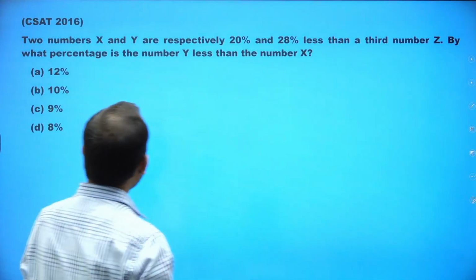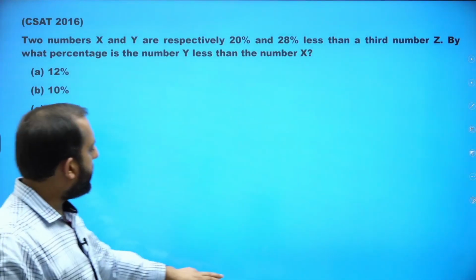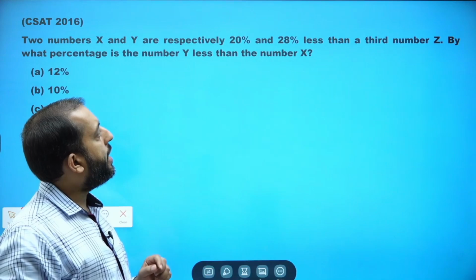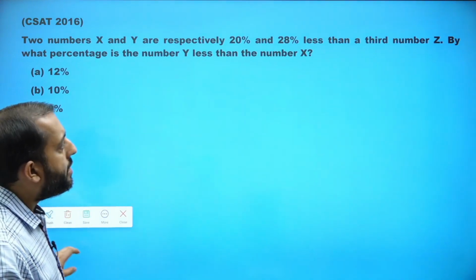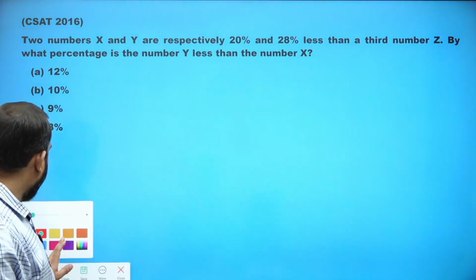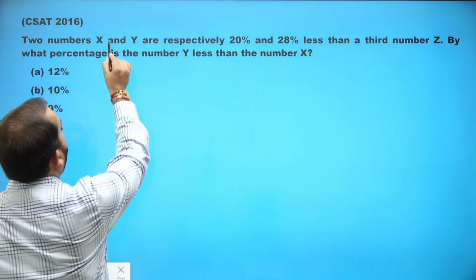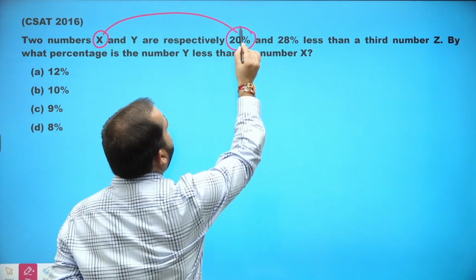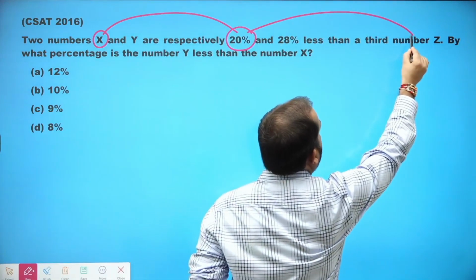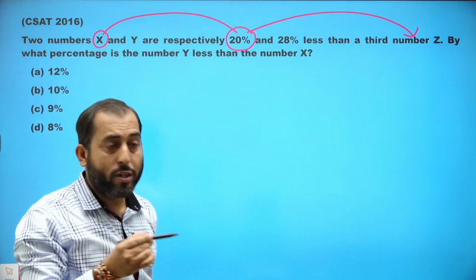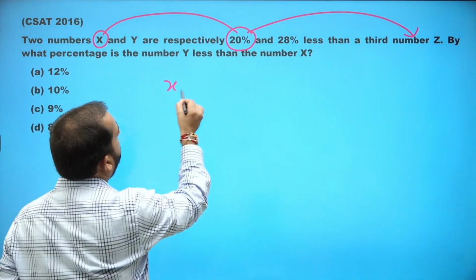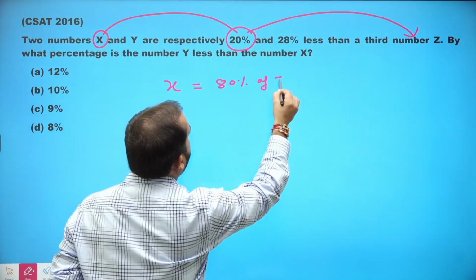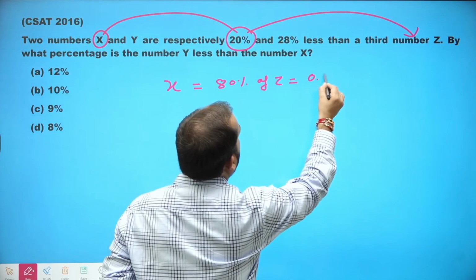Now, this problem says two numbers x and y are respectively 20% and 28% less than a third number z. So here x is 20% less than the number z, which means x should be equal to 80% of z, which is equal to 0.8 z.